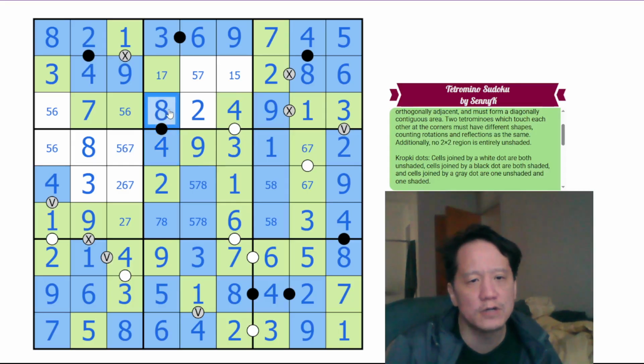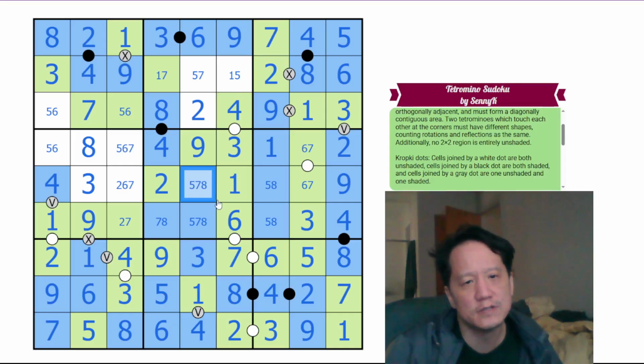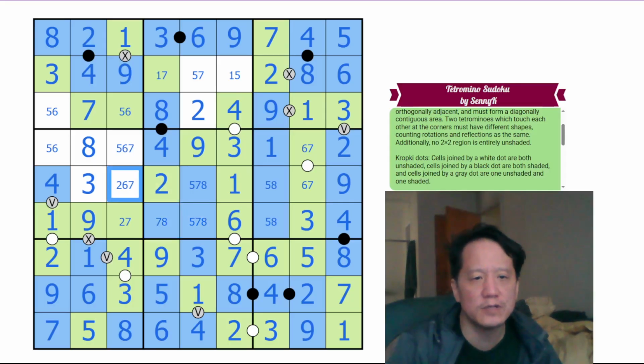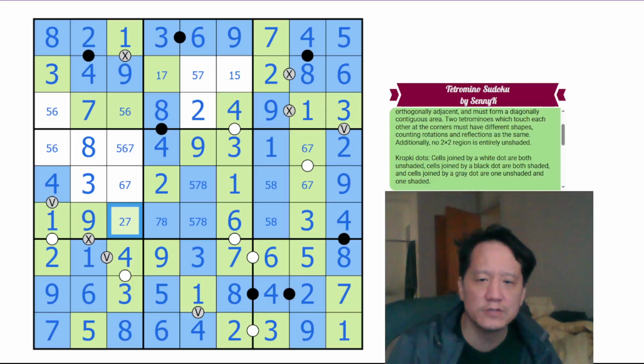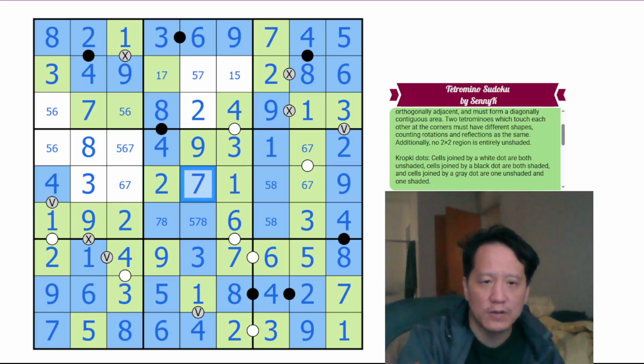How does this work? It forms another... This is touching. 2 eliminates 2 here. That makes this 2 here. 7 can't be here.